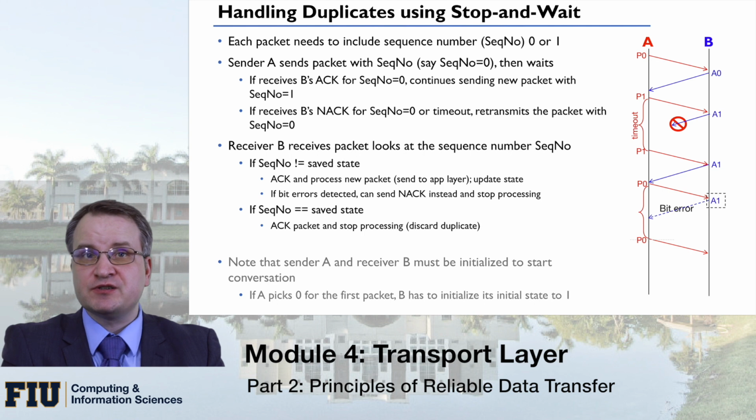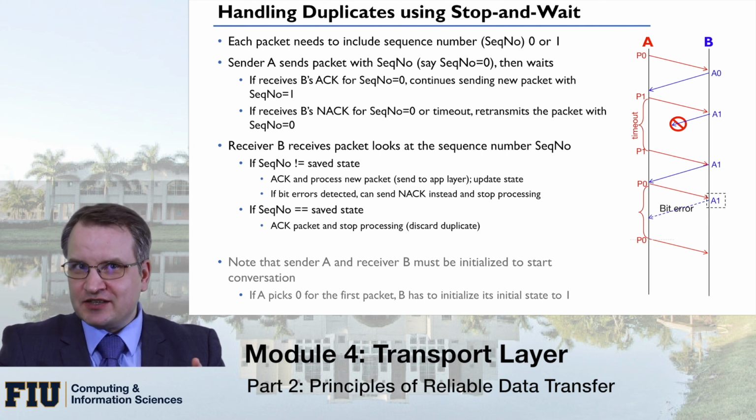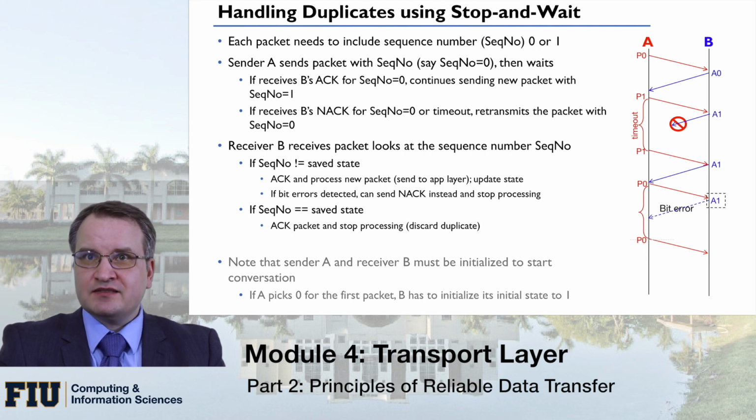So it's kind of additional logic that can be associated with the same acknowledgement. One thing I wanted to note already here is that A and B actually have to be in the same state. That's part of the connection setup. Initially, A has to send sequence number 0 and B has to expect sequence number 0.